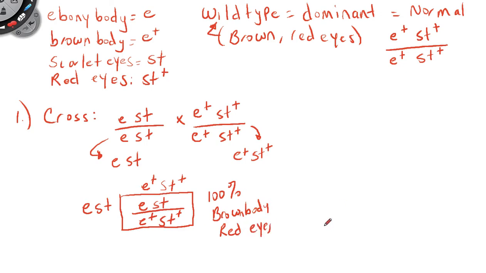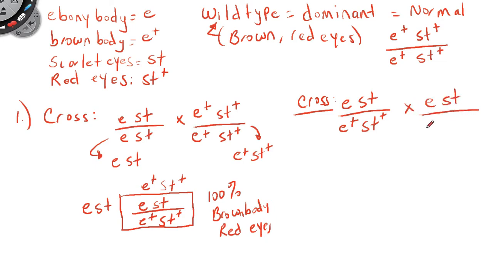Okay? So what if now I ask you to cross two heterozygous brown body, red eyes? So you're crossing this, and you're crossing it with another one that looks like it.